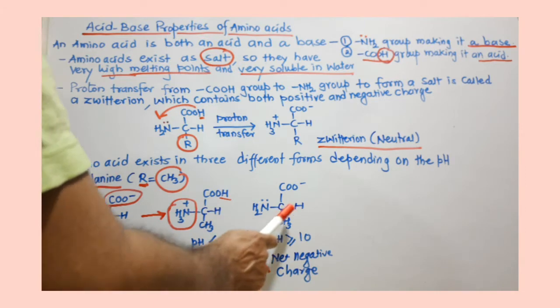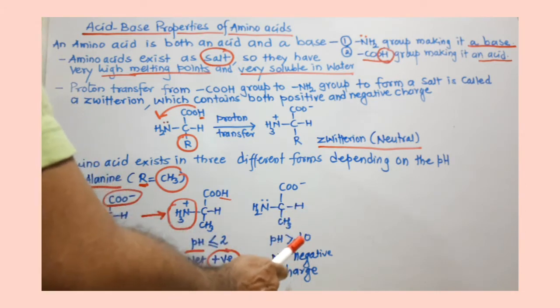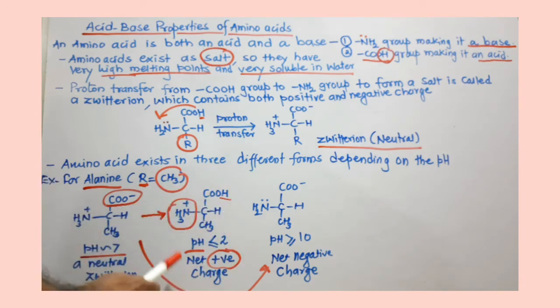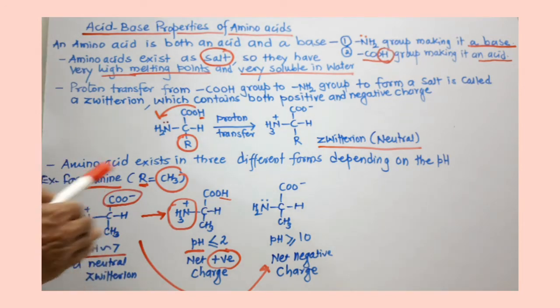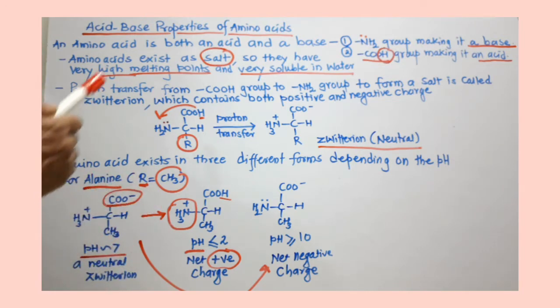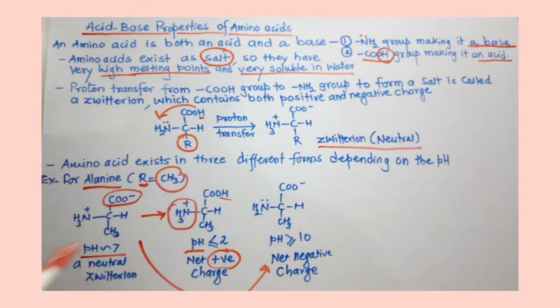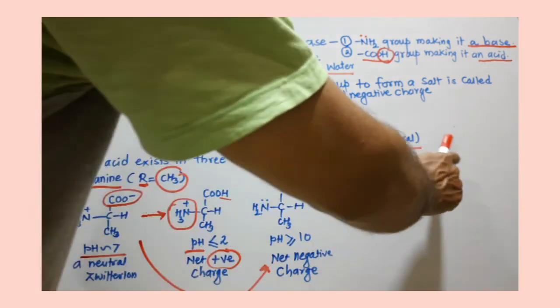In presence of strong base the amino acid becomes negative, in presence of strong acid it becomes positive, and when the pH is around 7 it becomes neutral, with no net positive or negative charge. In this way, the amino acid can exist in 3 different forms, as a function of pH.